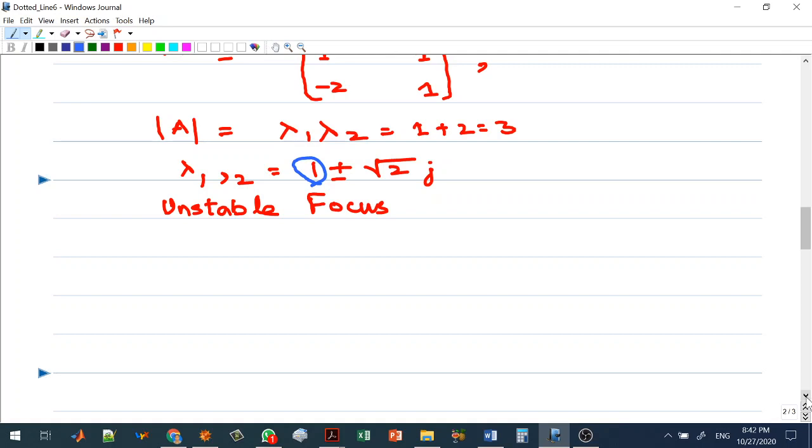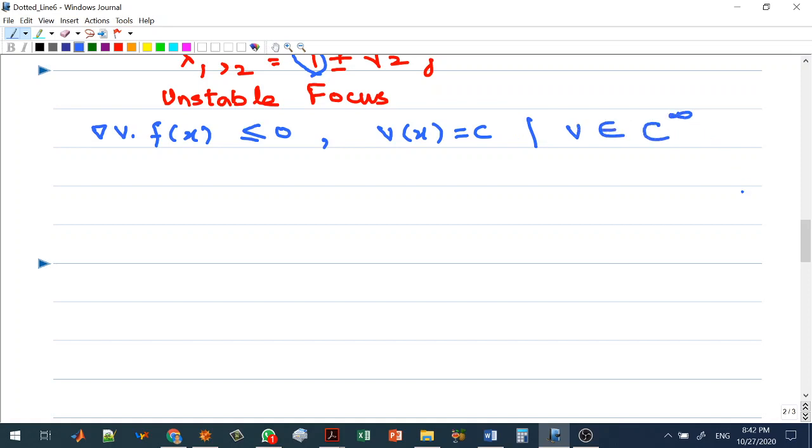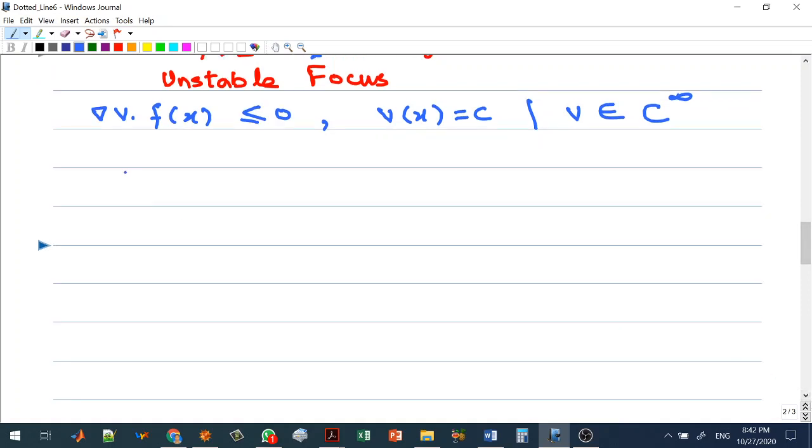We now want to find out whether there exists a region, or we want to actually find out the region in which a limit cycle exists, right? So for that to happen, we have seen that gradient of v dot f of x should be less than or equal to 0 for some v of x is equal to c, such that v belongs to C infinity, which means that it is continuously differentiable and smooth as well. Okay, so let us suppose that we have taken this function.